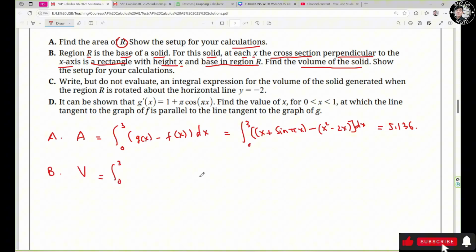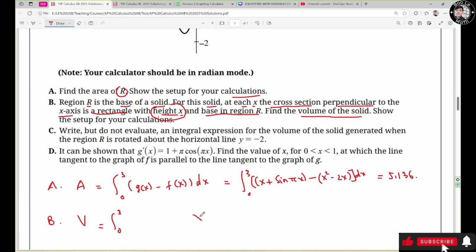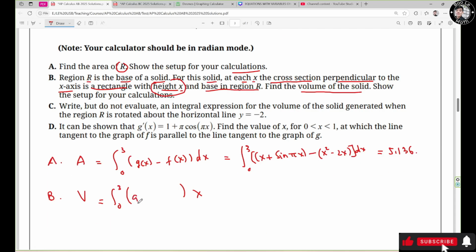Alright, length times width, right? Now, the height of the rectangle is going to be x right here, so I'm going to put x outside. Now, the width is going to be the function g of x subtract f of x, right? So I have g of x right here, subtract f of x, times x dx, right?